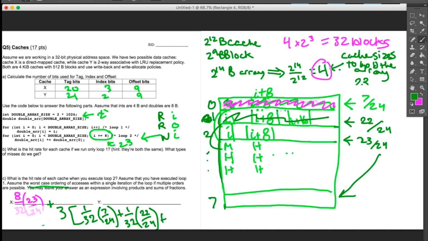And we have 6 blocks, because 1, 2 all the way through 7. 6 over 32 blocks with a hit rate of 23 over 24.